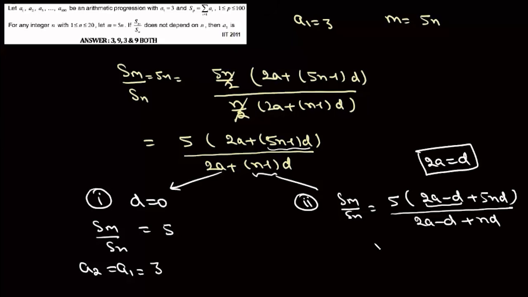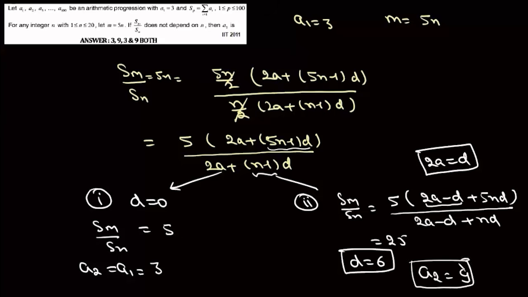So if 2a minus d is 0, we'll get this as 25. So again, it'll be independent of n. So the second condition we'll have is when the value of d is 2a, and a in this case is 3. So when the value of d is 6, in this case, a2 will be simply 9. So this second term will be either 3 or 9 or both.